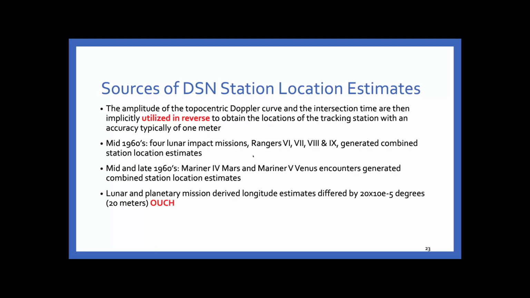However, I remember in January of 1968, JPL gave me an electric typewriter, and I typed on the back of the wide computer paper, and I had the station location solutions from the Ranger missions and from Mariner 4 and Mariner 5. And I concluded that there was definitely a difference in the station longitudes between the locations derived from those 2 sets of missions. It was about 20 meters, 20 times 10 to the minus 5th degrees. And I say, ouch.